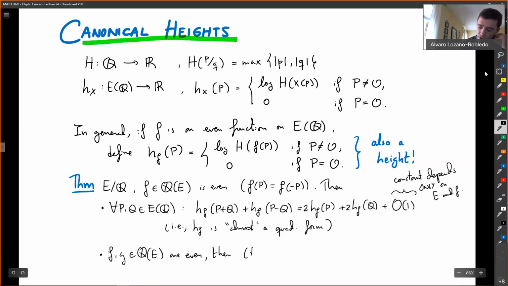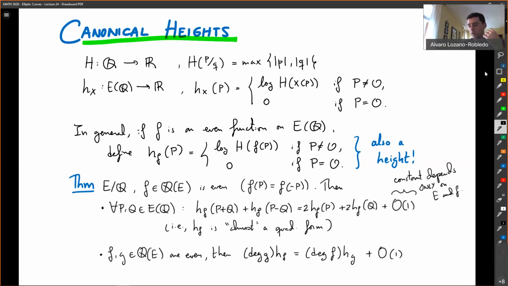It turns out that the degree of the function g times h of f is the same as the degree of f times h of g plus, again, a constant that only depends on E, F, and G. Or maybe this one only depends on E, actually. So that is sort of like the exchange rate between h of f and h of g. Right. Not going to prove this, but I'm going to use this to construct what we call the canonical height.